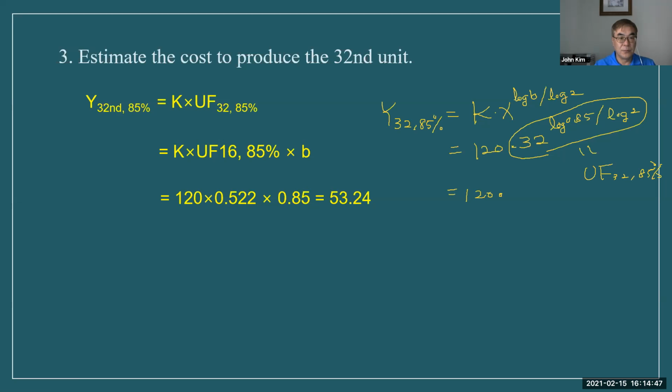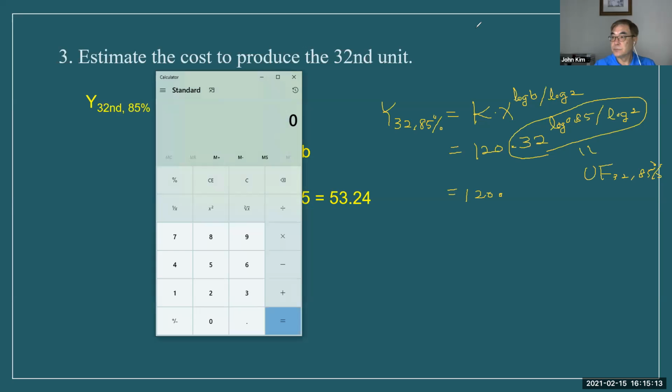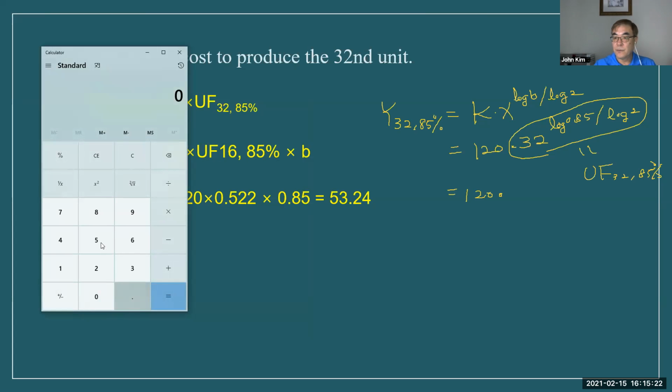Where is the calculator? Just a moment. Okay, good. So 0.5552 times 0.4437 equals 53.24.